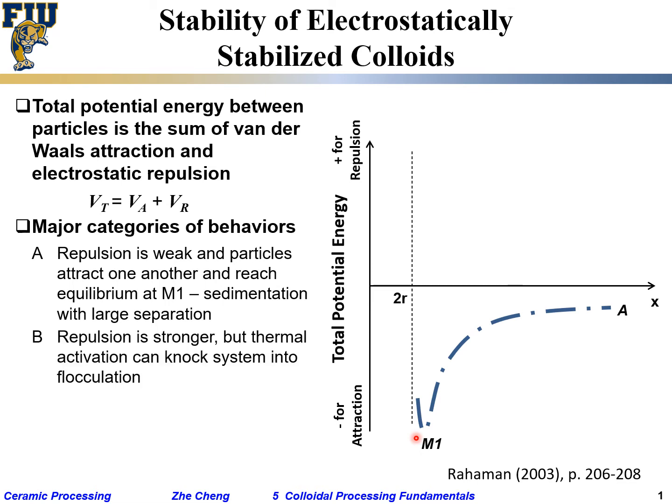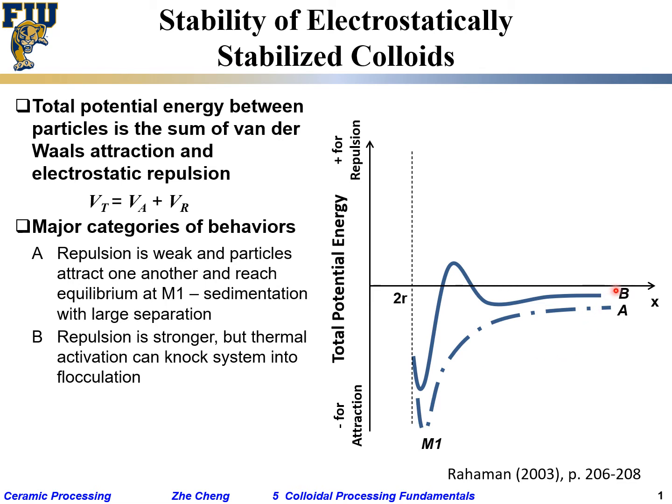On the other hand, we may have something different. When we gradually increase the particle surface electrical charge, the repulsion would be stronger, but thermal activation can sometimes still knock the system into flocculation, something like this.